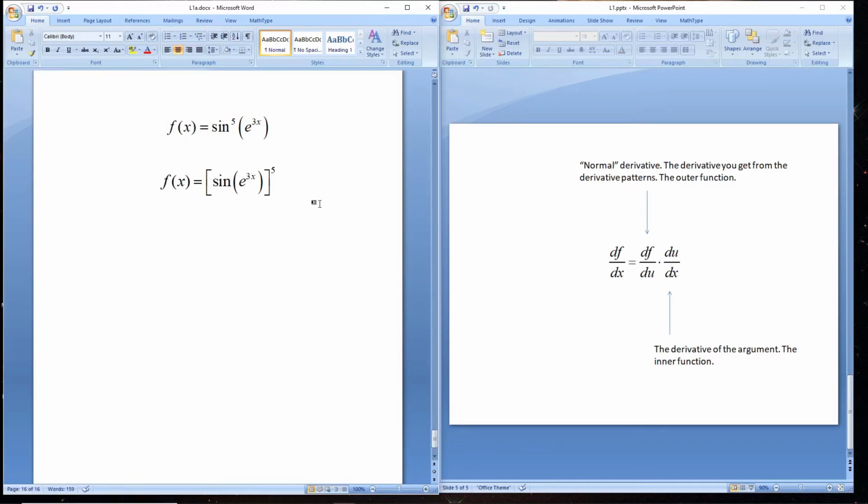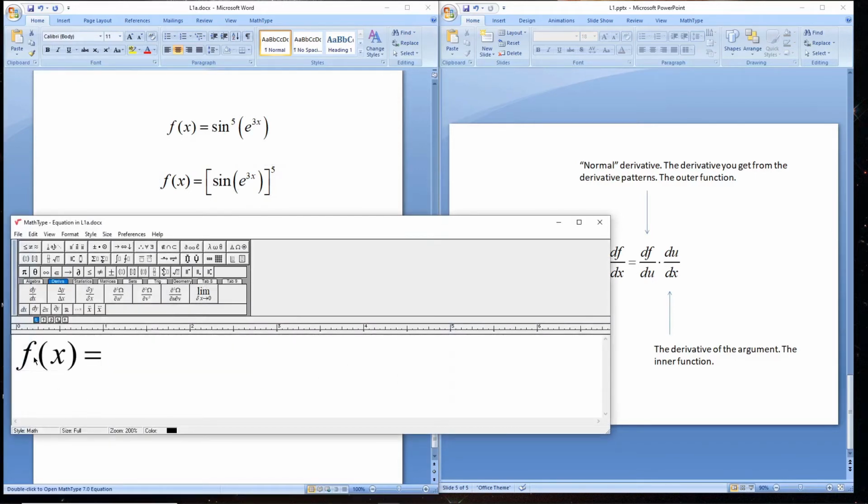I would be a bad teacher to ignore that. Very common to put a 5 there to indicate to the 5th power. And then you have to remember what that technically means. Because that technically means the power function is the outer function. So let's do this derivative.